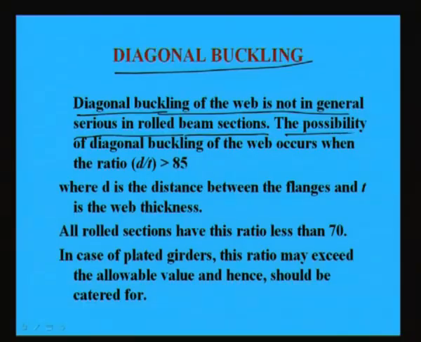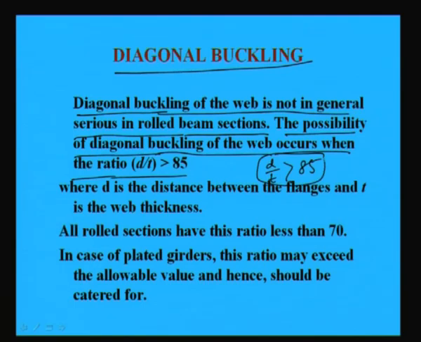The possibility of diagonal buckling of the web occurs when the ratio d by t becomes greater than 85, where d is the distance between the flanges and t is the web thickness. So, if the d by t ratio is more than 85, then only this diagonal buckling may occur.